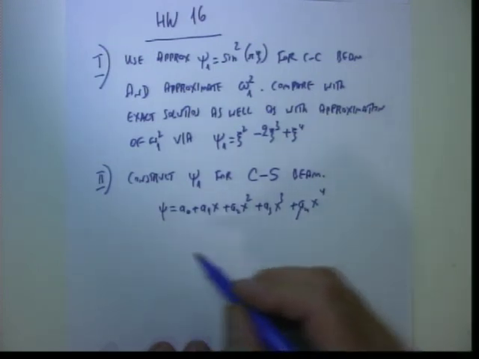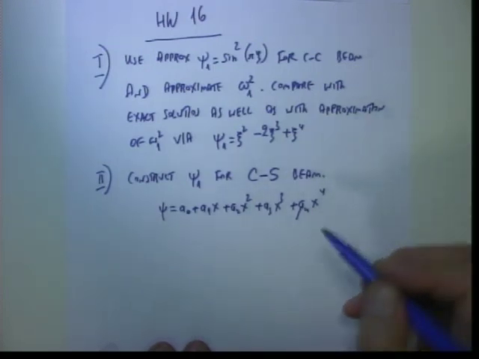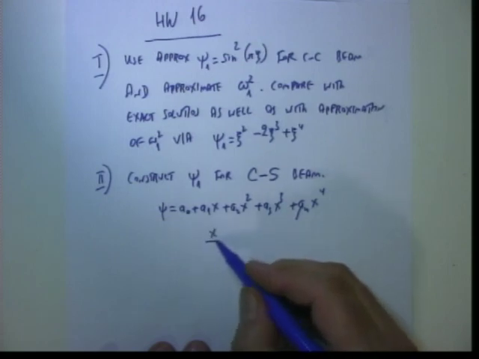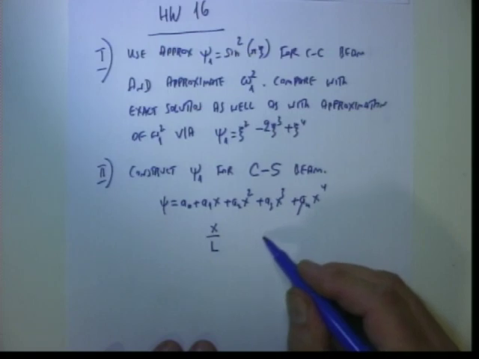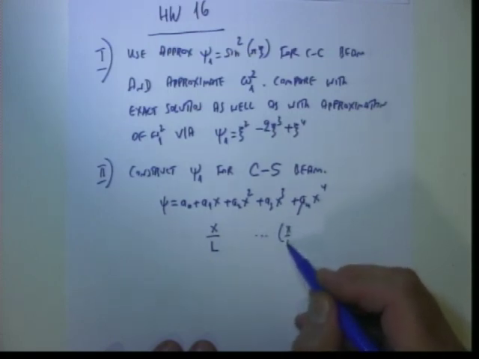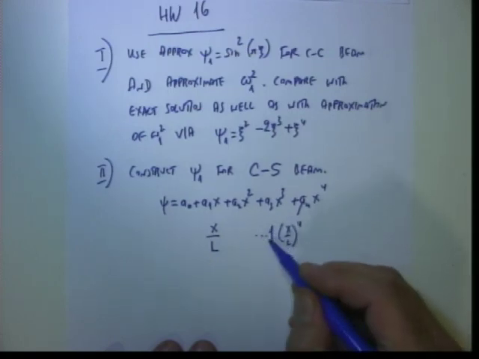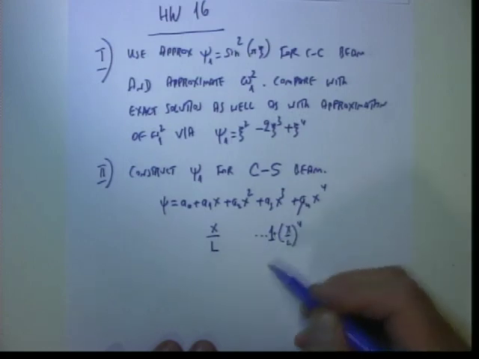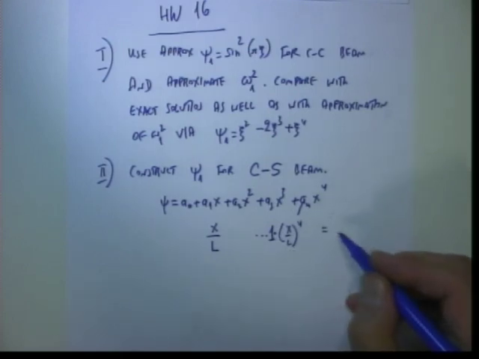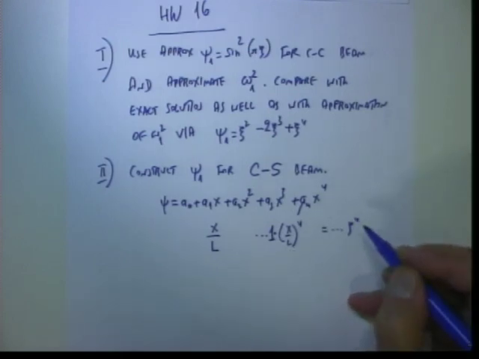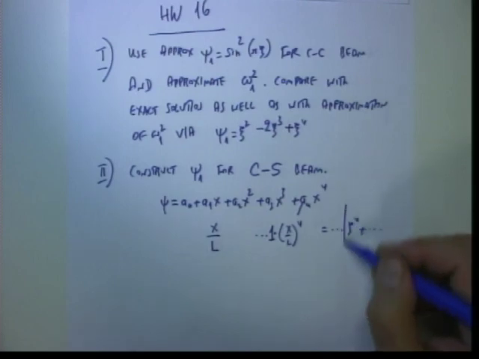Then we satisfy boundary conditions. And at the end, we are also writing everything in terms of x over L. And the main thing is that for x over L in fourth power, we would like to have coefficient 1. We divide by whatever coefficient a4 comes out to have, so that here is 1. Okay, so that will be psi in fourth power plus whatever.